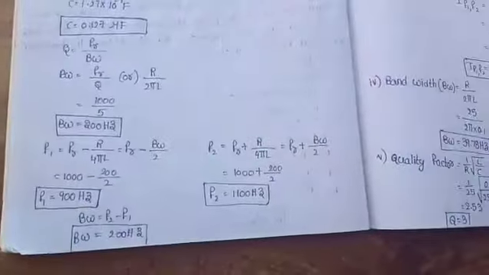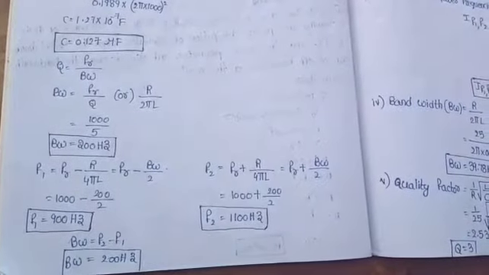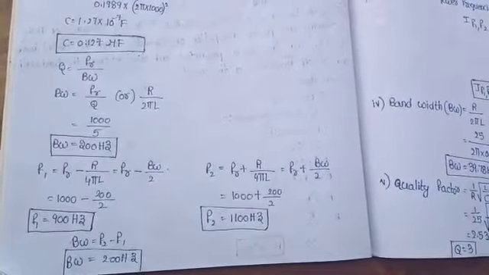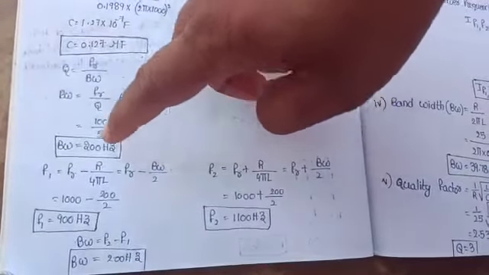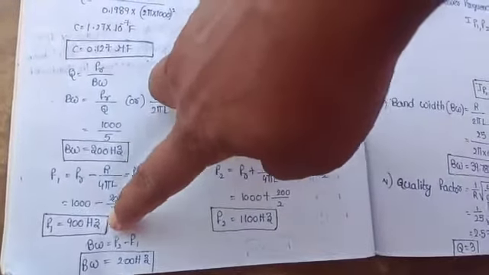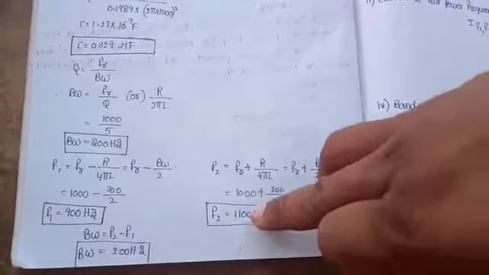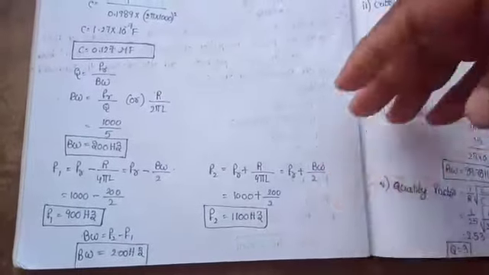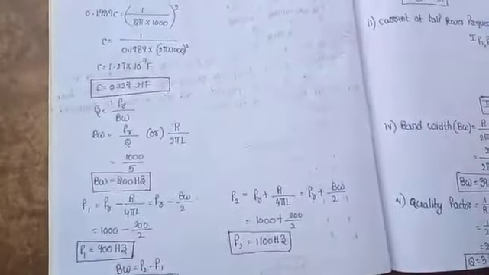Now we have to calculate the lower and upper cutoff frequencies. Lower cutoff frequency F1 is equal to Fr minus bandwidth by 2, and we get 900 Hz. And F2 is equal to Fr plus bandwidth by 2. We get 1100 Hz. Like this they ask problems. So these two problems are more important.